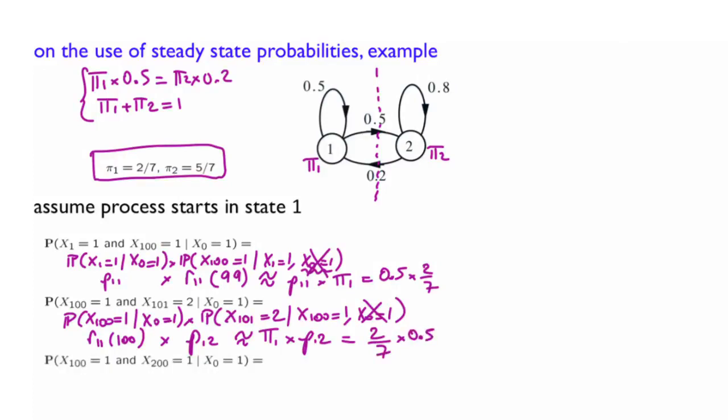Finally, let's calculate this third expression, where again we start at state 1, and now we are asking what is the probability that at time step 100 you are in 1, and 100 steps later you are again in 1. We use the same trick as before. There's the probability that the first thing happens, and given that, the probability of the second one happening.